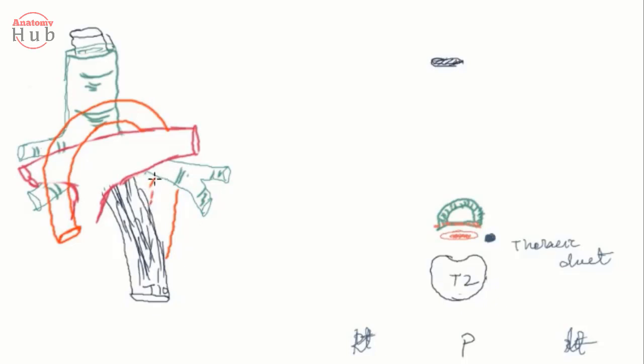So that's why this descending thoracic aorta is going behind the esophagus. First it is present anterior to the right pulmonary trunk. Then it arches over, just above the sternal angle.